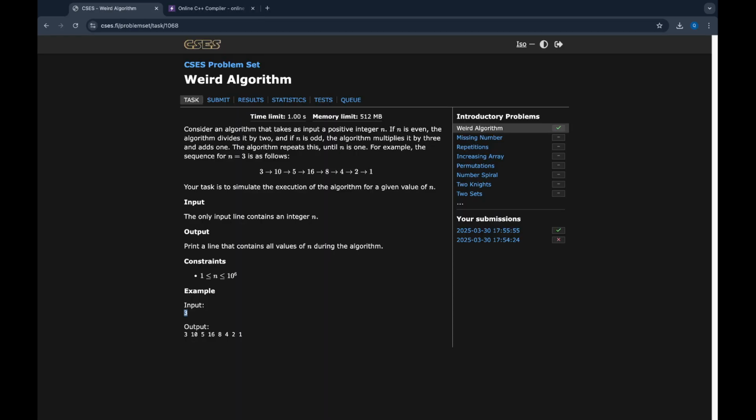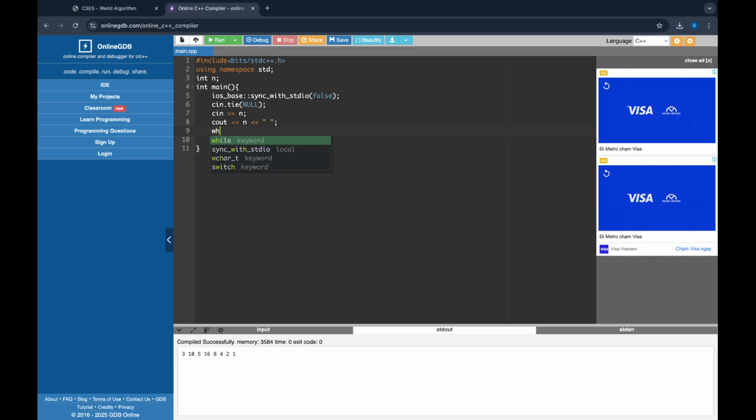And so this is a repetitive algorithm, so I'm gonna use a loop, the while loop. In here we're gonna put our condition.